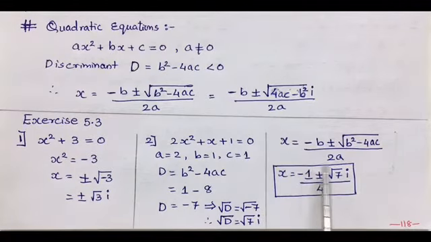Now keeping in the formula x equal to minus b plus or minus root of b square minus 4ac upon 2a, keeping the value of D as root 7 i, the value of b as 1, and 2a means 2 into 2 is 4, so we get here 4. So the whole value of x becomes minus 1 plus or minus root 7 i, whole divided by 4.